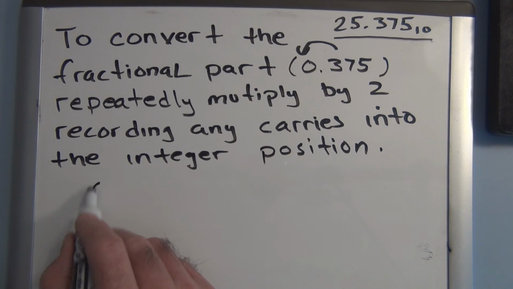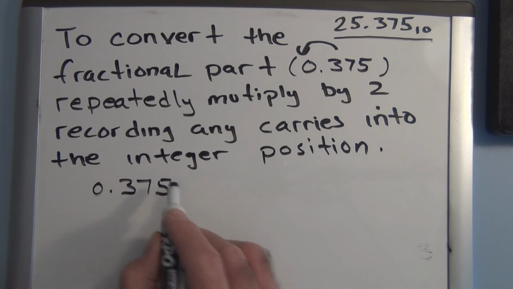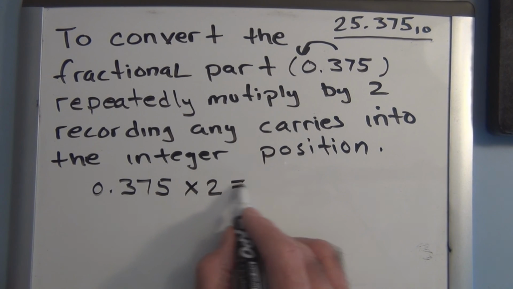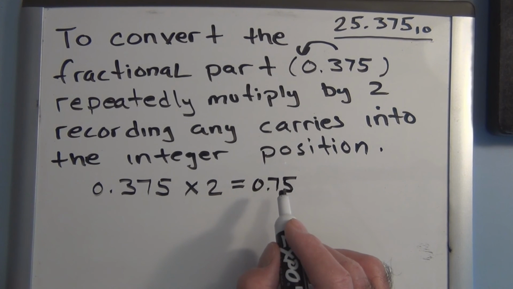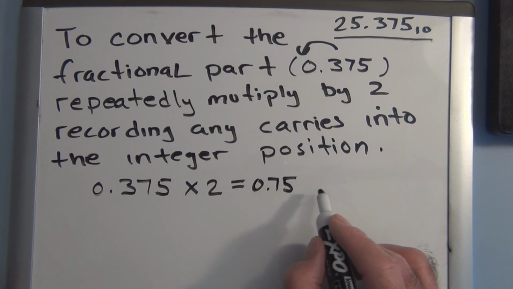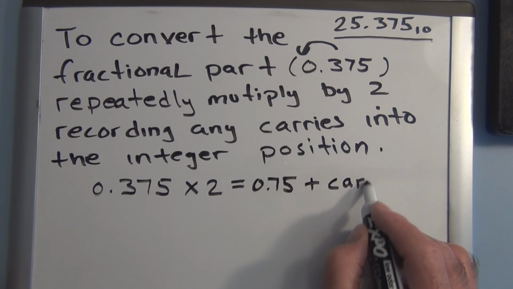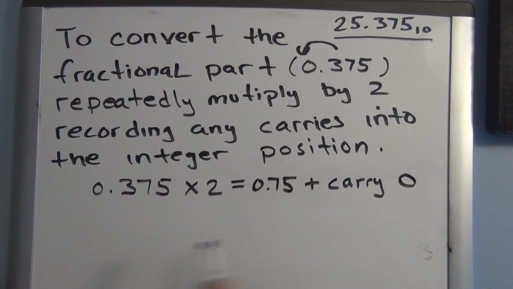So if we have 0.375 and multiply that by 2, we end up with 0.75 with no carries into the integer position, so plus a carry of 0.